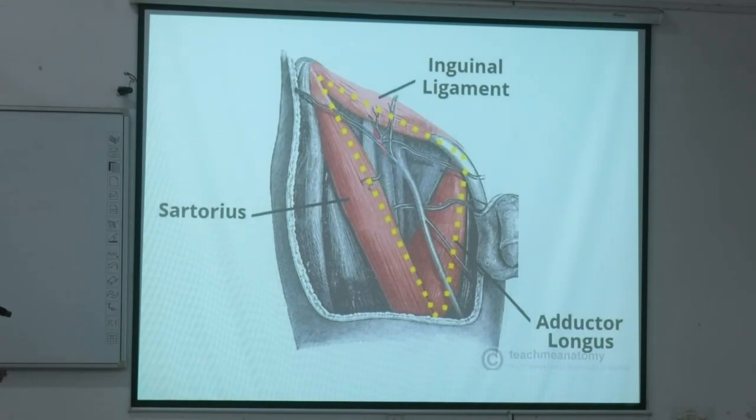Here are the other muscles: iliacus, tendon of the psoas major, the white colored one, and pectineus deep to these vessels, and here is the adductor longus. These four muscles are forming the floor of the triangle from lateral to medial side. Okay, the boundary is very important. Next.